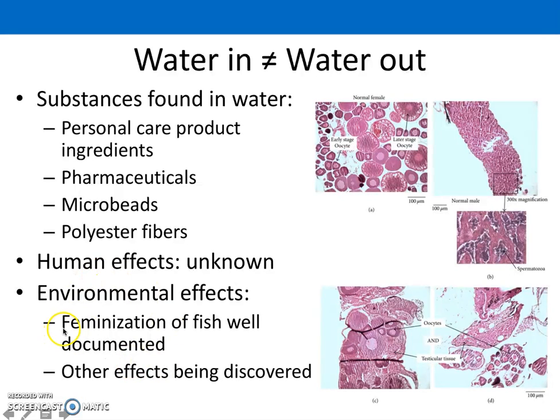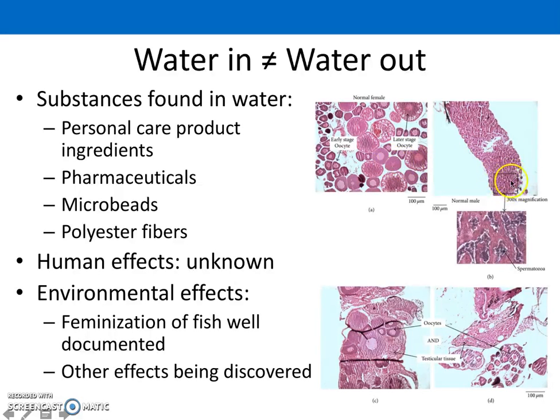One of the things that has been very well documented in several places across the globe is feminization of male fish. This figure is from a research paper on that. Over here we see a normal female. It's a tissue sample of the ovaries. So we see oocytes, which are developing eggs.